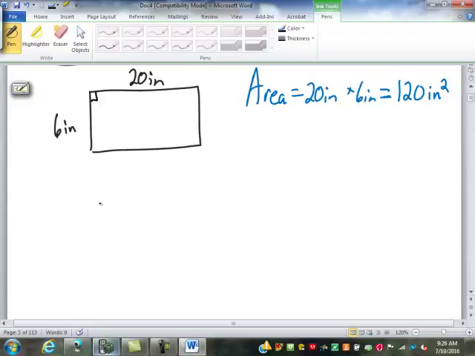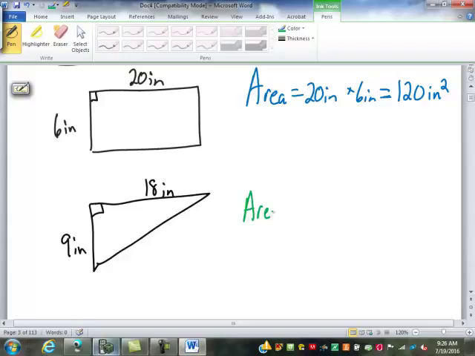We've run into triangles. We had right triangles like this. How do we find the area of a right triangle like that? 18 inches times 9 inches divided by 2, because remember that triangle is only half of what we called the related rectangle.